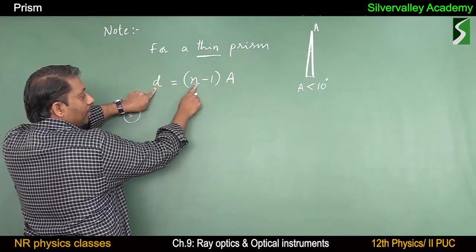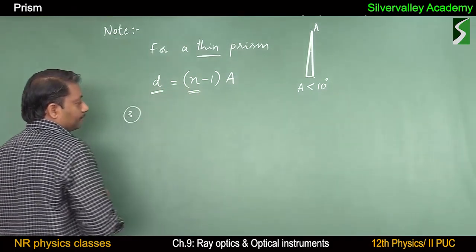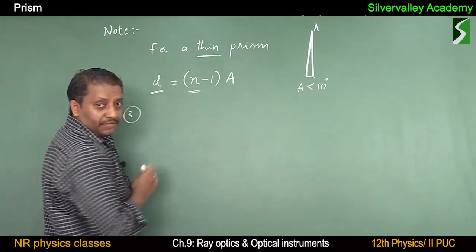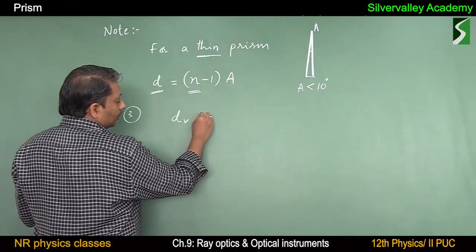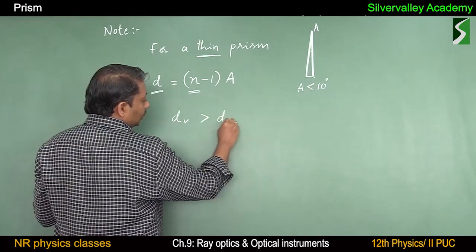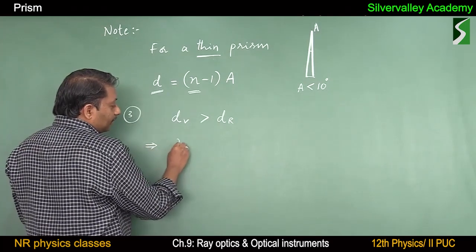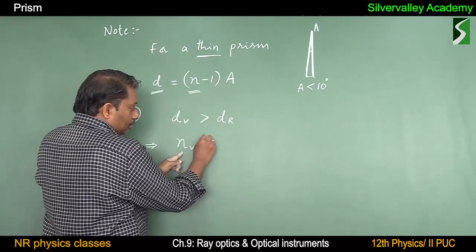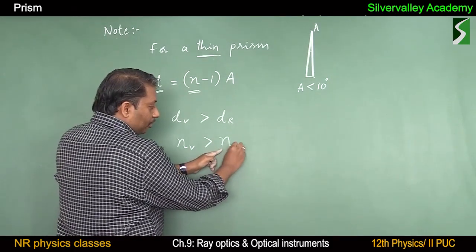Observe, deviation equal to (n minus 1) into A. Deviation, refractive index. Violet is most deviated, isn't it? So deviation for violet greater than deviation for red implies that refractive index of the material of the prism for violet should be greater than refractive index of the material of the prism for red.